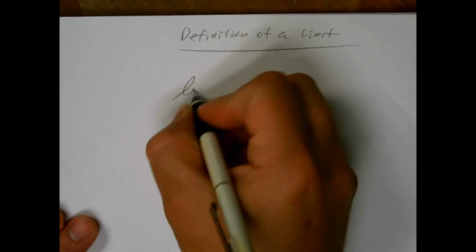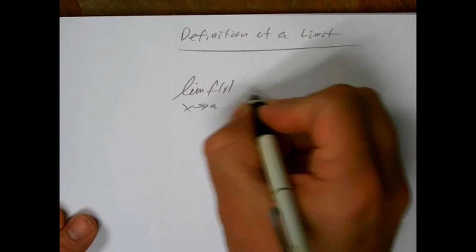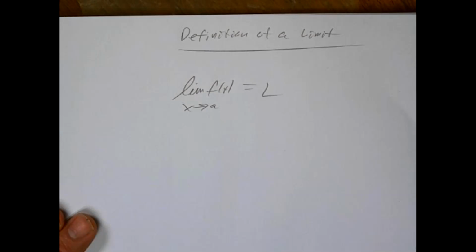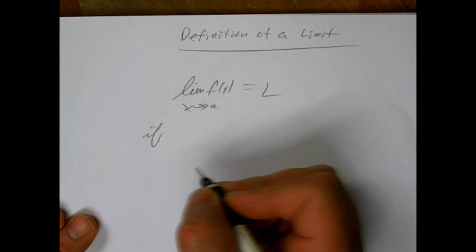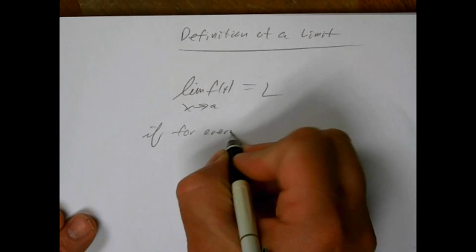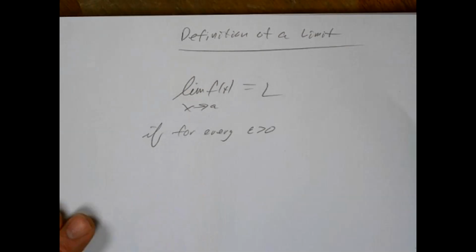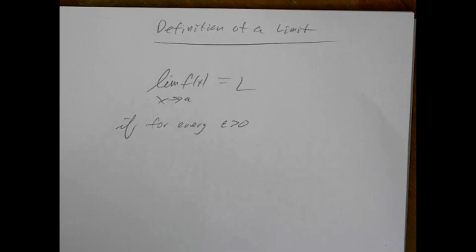All right, so again, what the book has told us is that the limit of f of x as x approaches a is equal to L if for every number epsilon greater than 0. The first thing we should gather from this is that epsilon is strictly a positive value. Epsilon can't be 0, epsilon can't be negative.